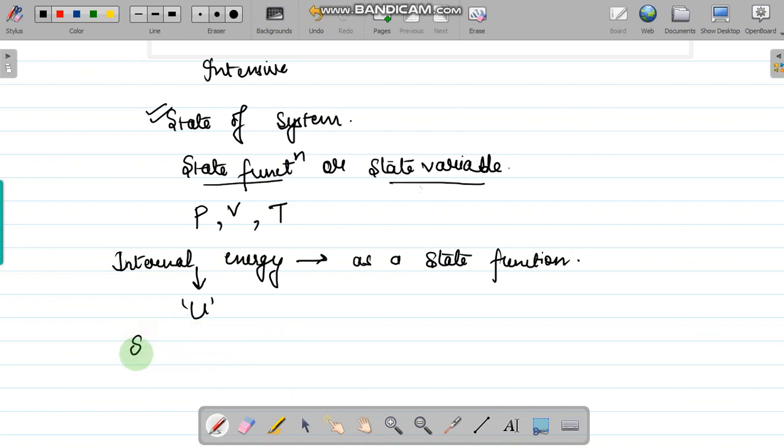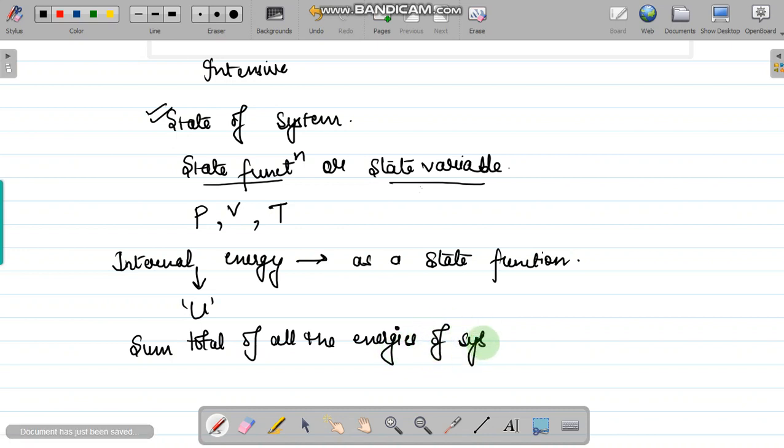Internal energy is the sum total of all the energies of the system. That is going to be called an internal energy.